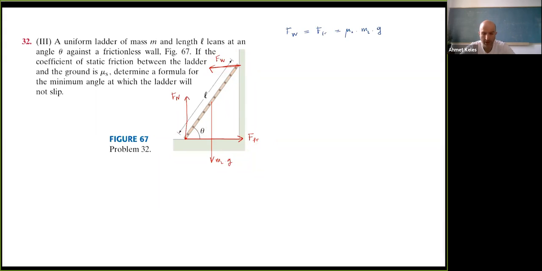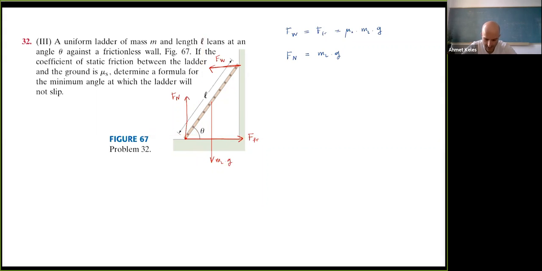Next. So similarly, I think I can write this one. F normal has no other option but m ladder g. So this is the force in this direction. We got force in this direction.